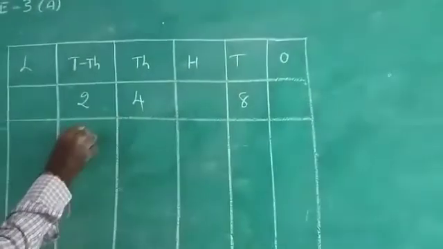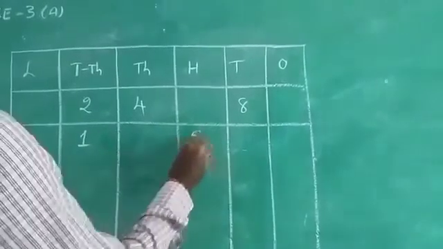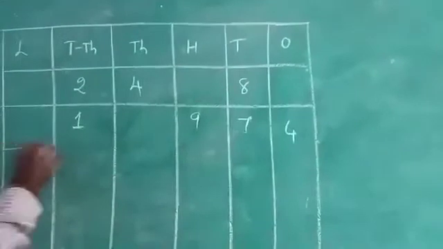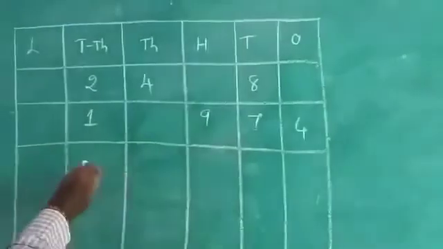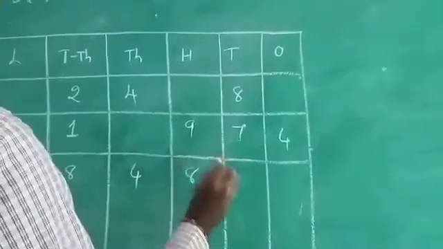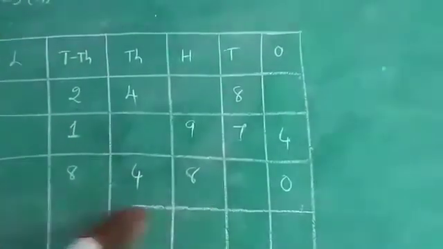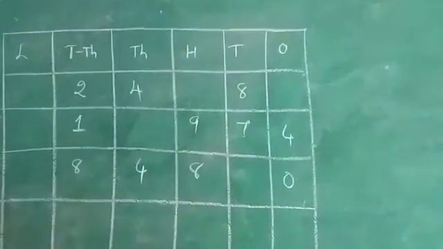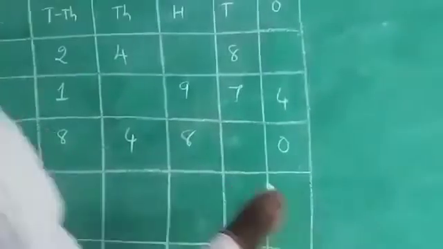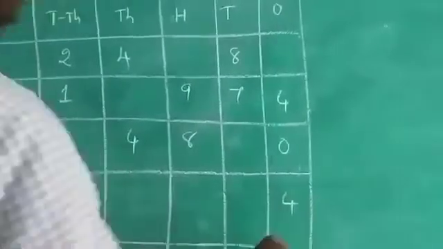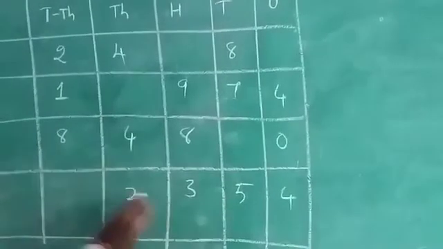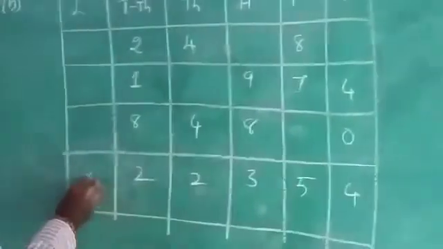The next 1, 9, 7, 4. The next is 8, 4, 8, 0. Right? Then here is given the answer. 4, 5, 3, 2, 2, 1.